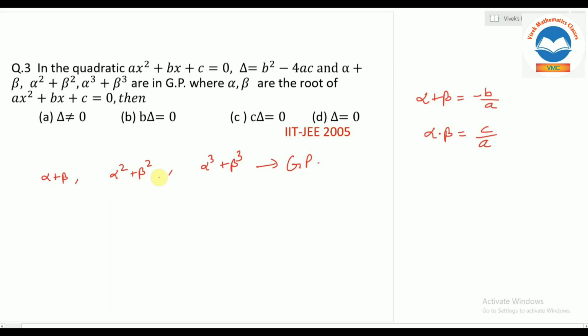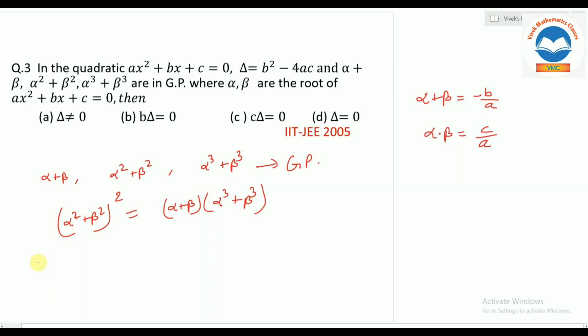If these three numbers are in GP, then the square of the middle one, alpha square plus beta square, the whole square, will be equal to alpha plus beta into alpha cube plus beta cube. So we will multiply this.